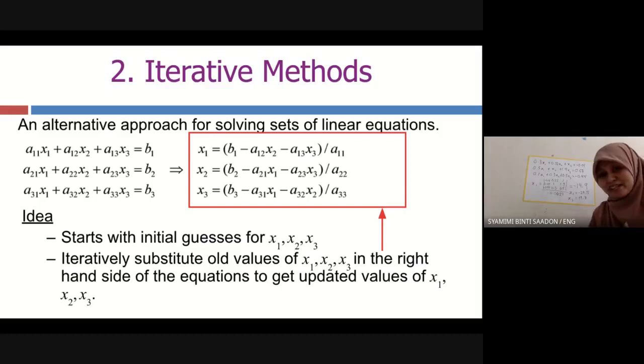So you need to guess T1, T2, T3 first. Of course, to start the iteration method, you can't just guess T1 as 200 degrees Celsius and T2 as 500 degrees. Yes, we can guess, but your assumption is not approaching the real situation.